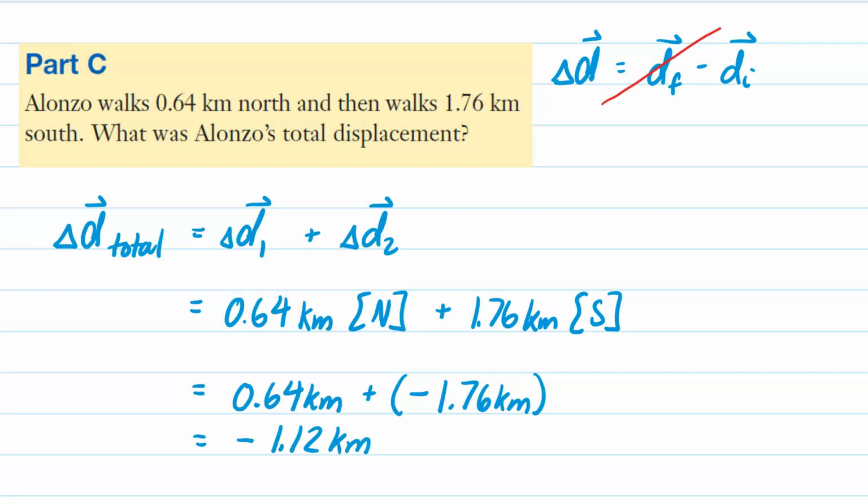Let's check our significant digits. Each of the numbers we used had 2 decimal places, and we're doing addition and subtraction, so our final answer should also have 2 decimal places. As far as direction, we're going in a negative direction, so we must have ended up south. So our final answer should say that the displacement was 1.12 kilometers to the south.